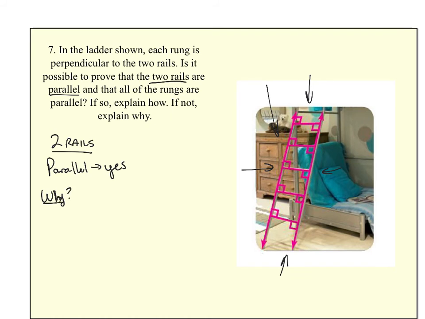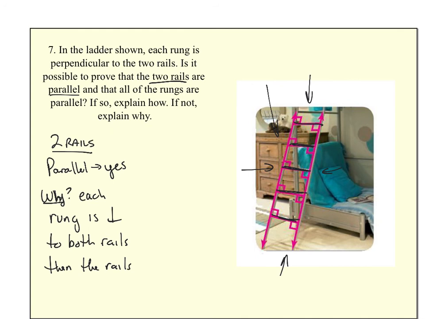And I would say it's because each rung is perpendicular to both rails. Okay, so each rung, each step in the ladder, if you're going to argue it that way, each rung is perpendicular to both rails. So if it's perpendicular to both rails, then the rails are parallel.